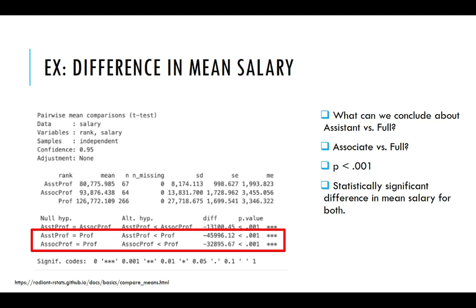But again, let's look at that diff column. We're seeing some pretty big differences. If we look at assistants versus professors, the middle column, we get a $45,996 difference in salary. And for associates versus professors, we're looking at a difference of $32,895.